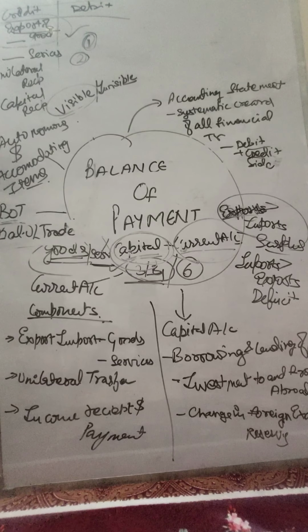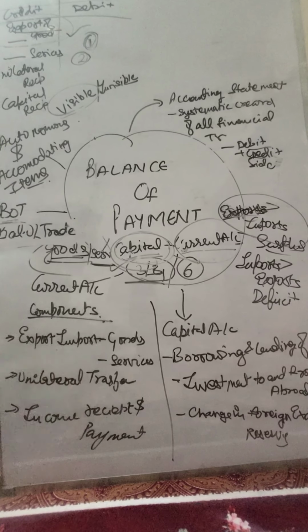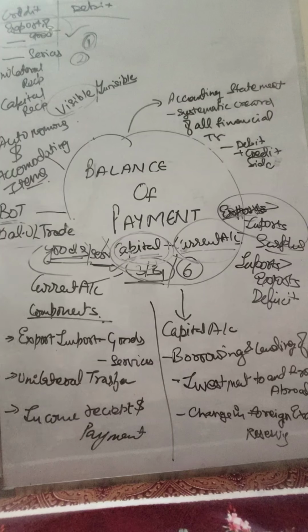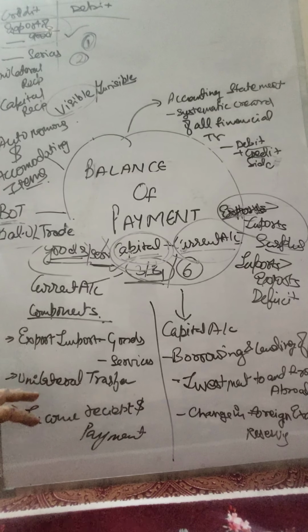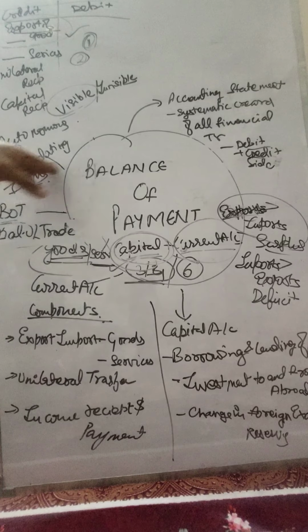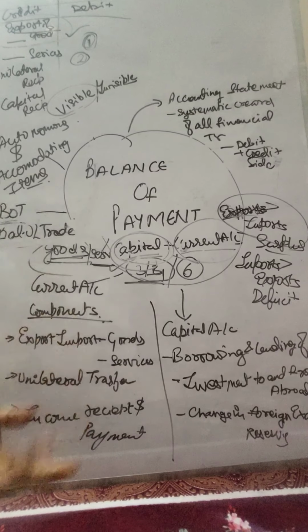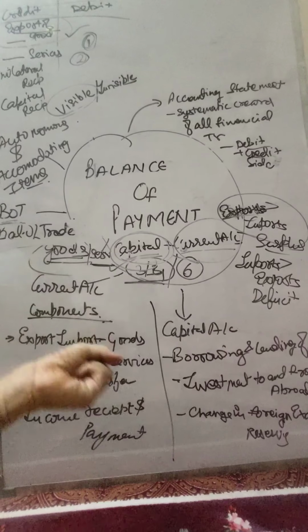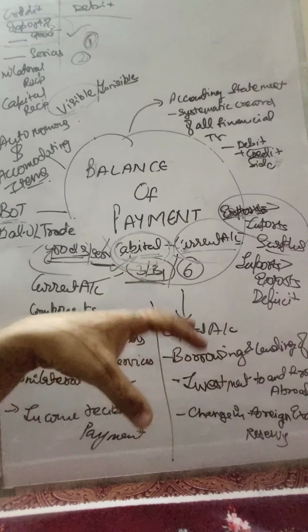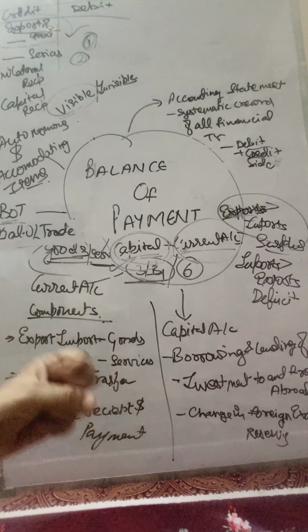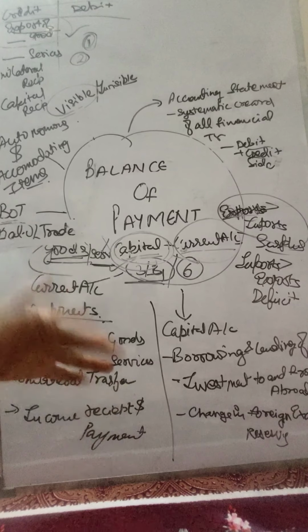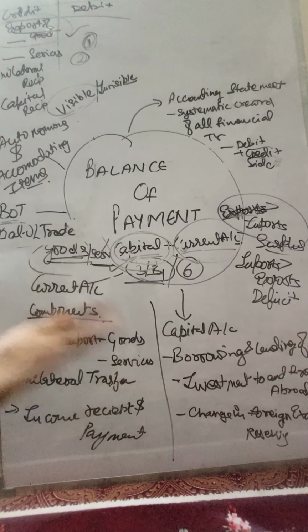Basically, autonomous items are all those international economic transactions which take place due to some economic motive. Accommodating items or transactions refer to those transactions that are undertaken to cover the deficit or surplus of autonomous transactions.